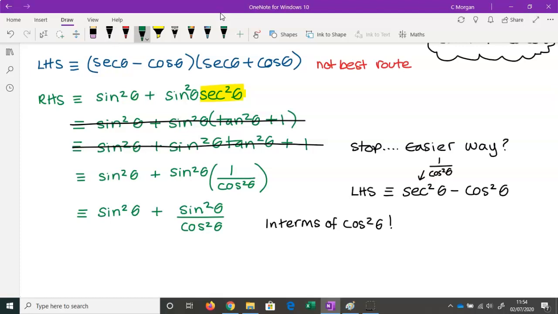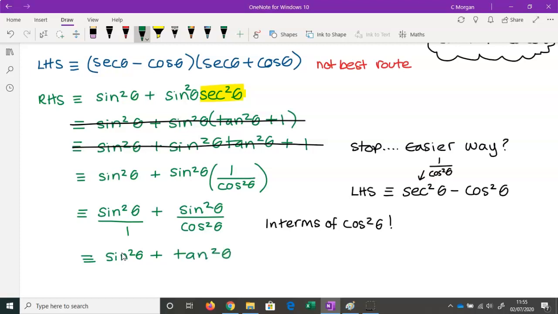So what I'm going to do now is add these two fractions together. So I've got sine squared theta over 1. But I've just suddenly noticed that sine squared theta over cos squared theta is tan squared theta.